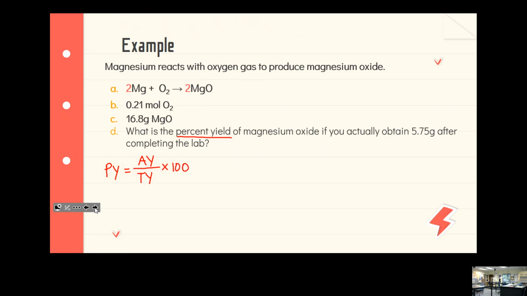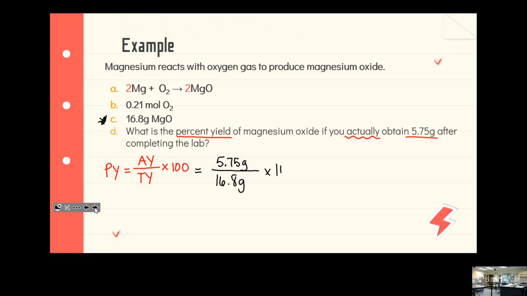Of our magnesium oxide, it tells me that I actually obtained 5.75 grams after completing the lab. So I'm going to set this up: your 5.75 grams, divided by our previous answer.